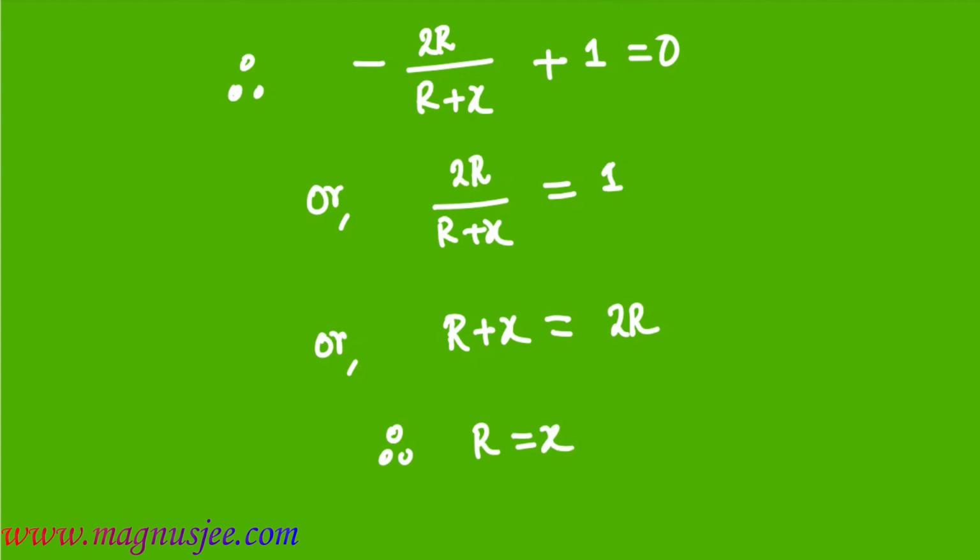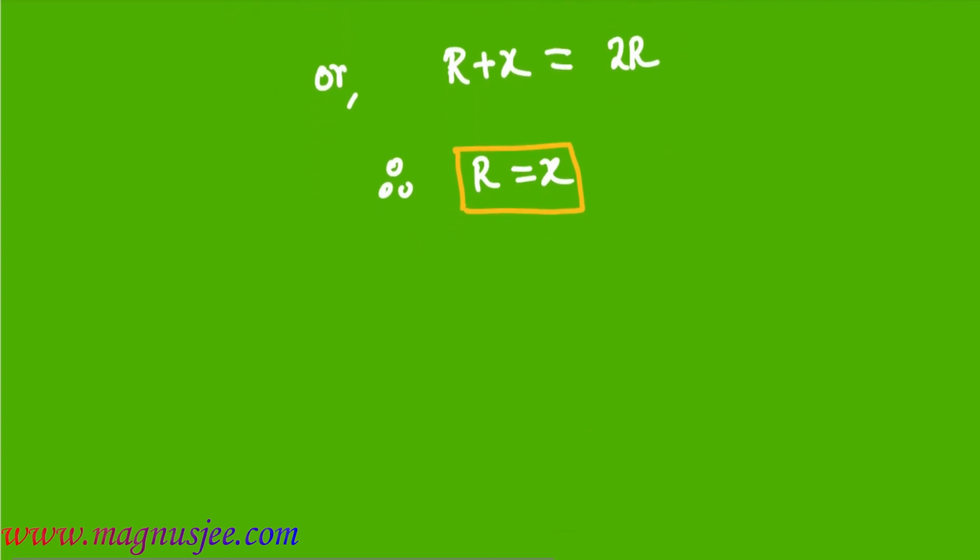Therefore, R equal to X, means the value of the resistance of the adjustable resistor will be equal to the other resistor connected between D and C, that is X. R equal to X.